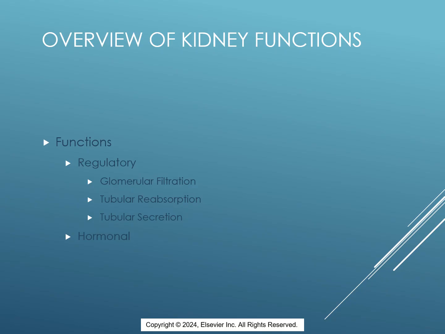Glucose is reabsorbed unless blood glucose is greater than 180 milligrams per deciliter. Then you have tubular secretion, which moves substances such as potassium and hydrogen from the blood into urine to maintain the pH and electrolyte balance.